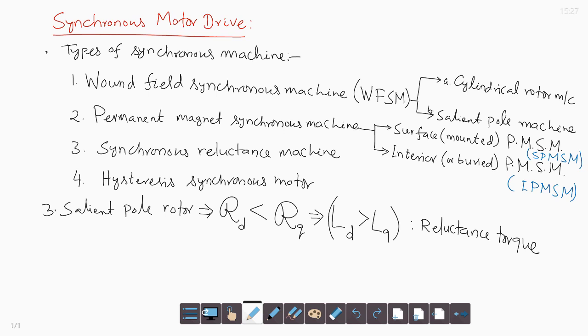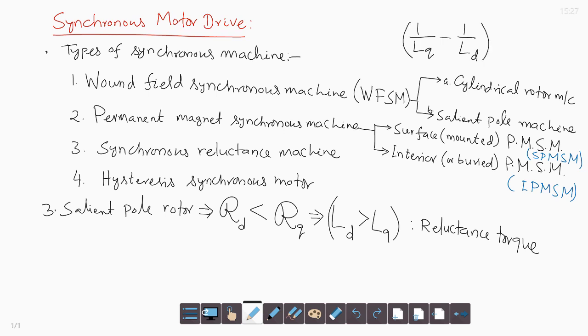So, in salient pole synchronous machine, the torque has two components. One is the term which is there in the cylindrical rotor synchronous machine. The second term is due to the variable reluctance, that is the reluctance torque, which is proportional to 1 by LQ minus 1 by LD.